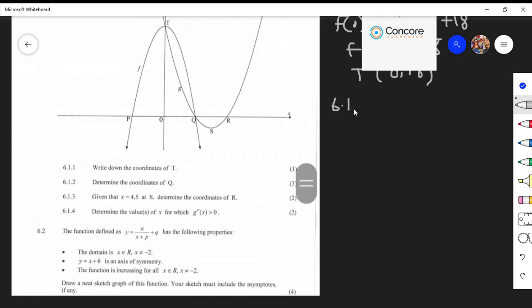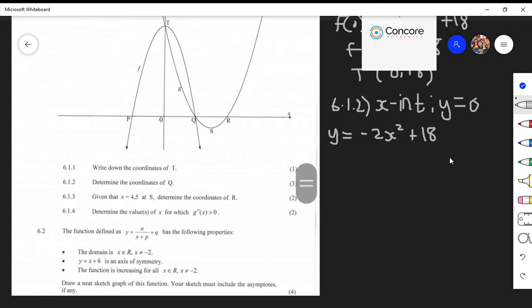So 6.1.2, when finding the x-intercept, our value of y is therefore 0. So we've got y is equal to -2x squared plus 18.